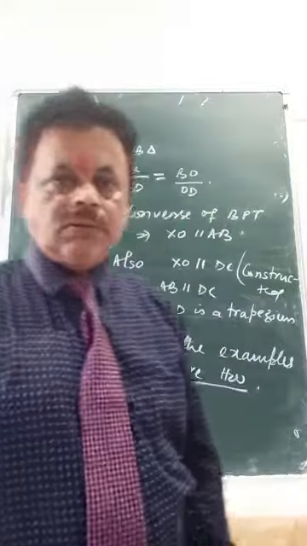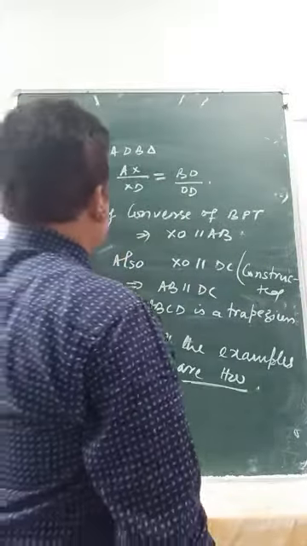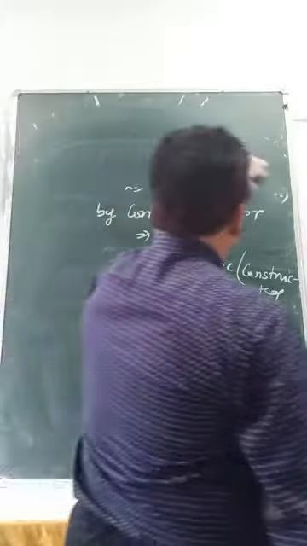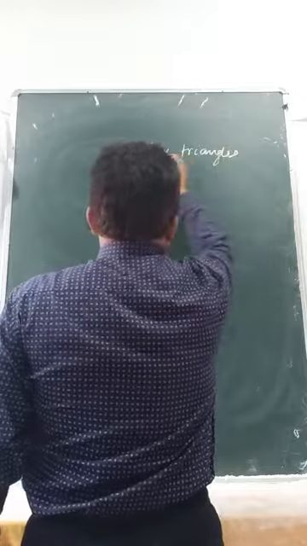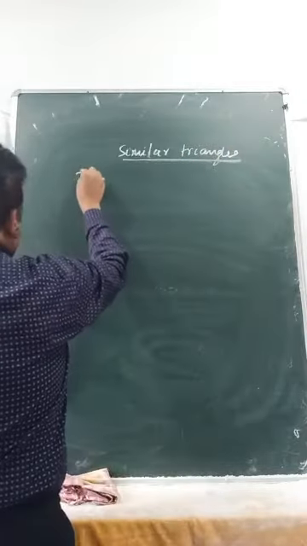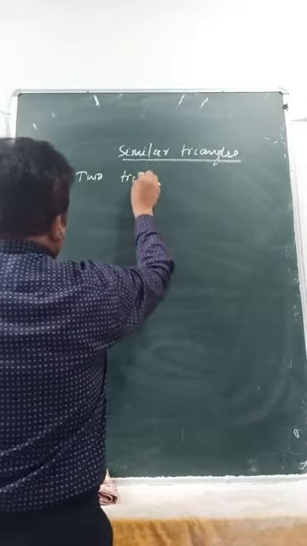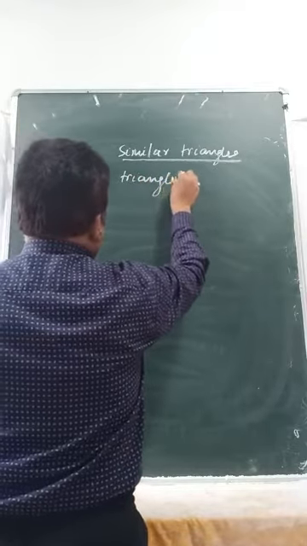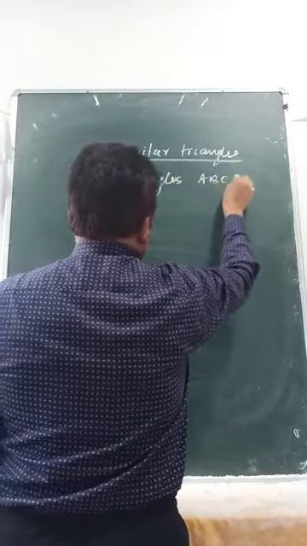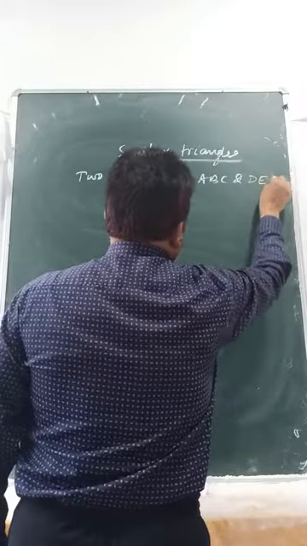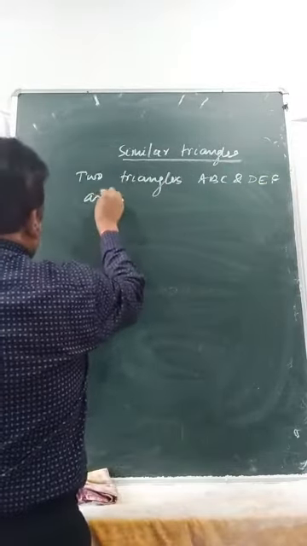Okay. Then we'll go to similar triangles now. What are the criteria for similar triangles? Triangles ABC and DEF are similar.